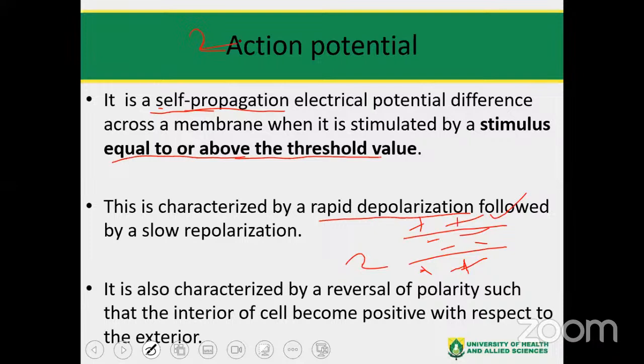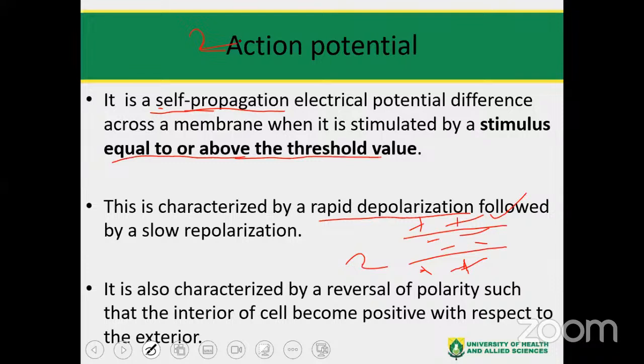So, very good. When you touch and it's not hot and you don't feel it, it means it's a local response. The impulse has started, but because the thing is not hot, it's not up to the threshold. So it is below the threshold, it will not get to the brain.